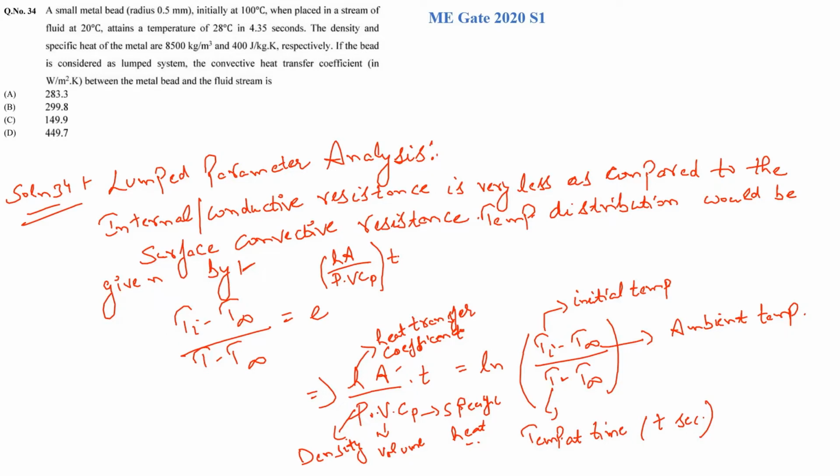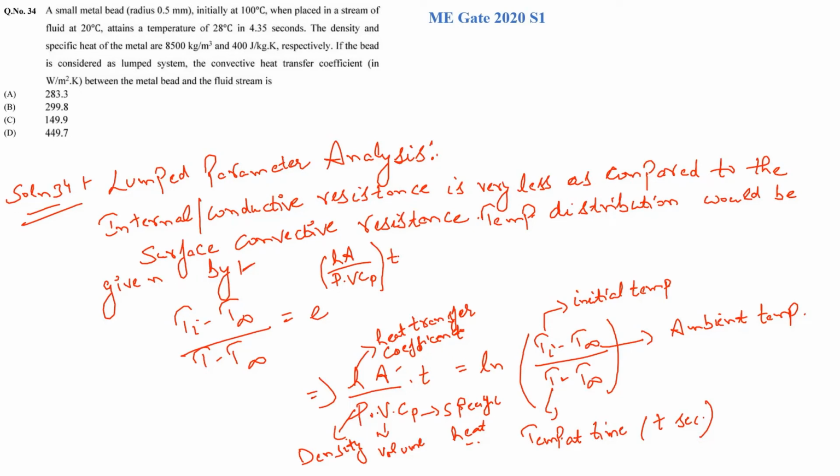In this question, we'll read it out first. A small metal bead having a radius of 0.5 mm, initially at a temperature of 100 degrees Celsius, which is Ti, when placed in a stream of fluid at 20 degrees Celsius, attains a temperature of 28 degrees in 35 seconds, where T infinity is 20.